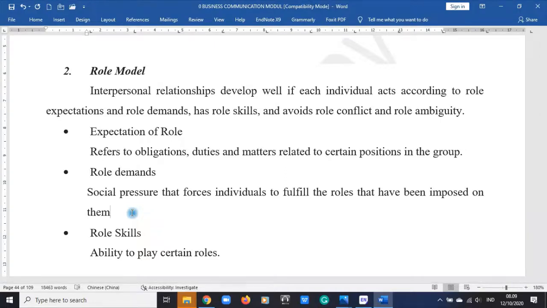For example, in one society, people push a teacher to solve problems, like a mathematics teacher. People ask this teacher, in the next few days we will participate in the Bersih Desa event.